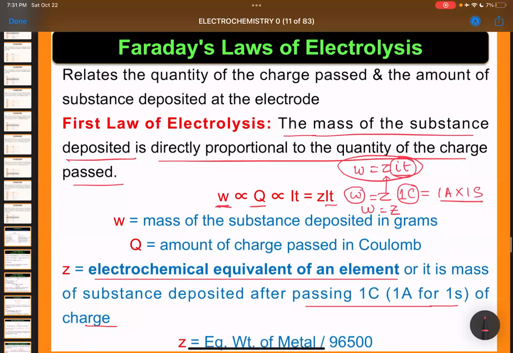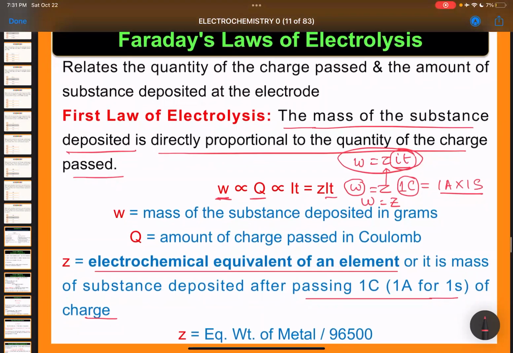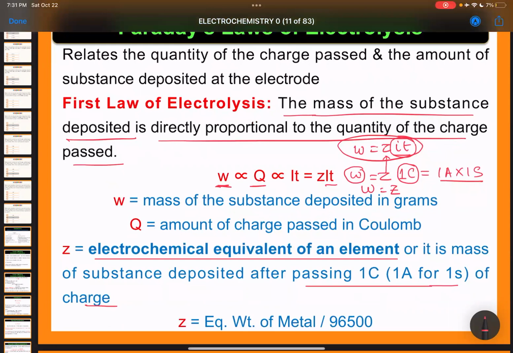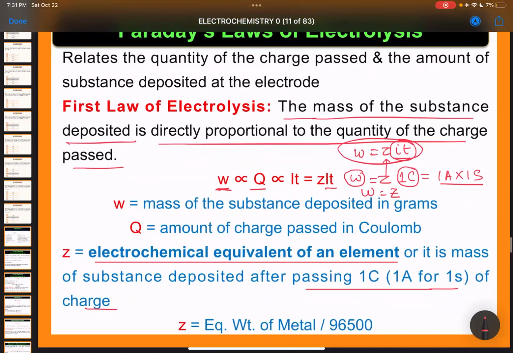You can write that as the definition. That is the definition of Z. I hope this is clear to you, right?